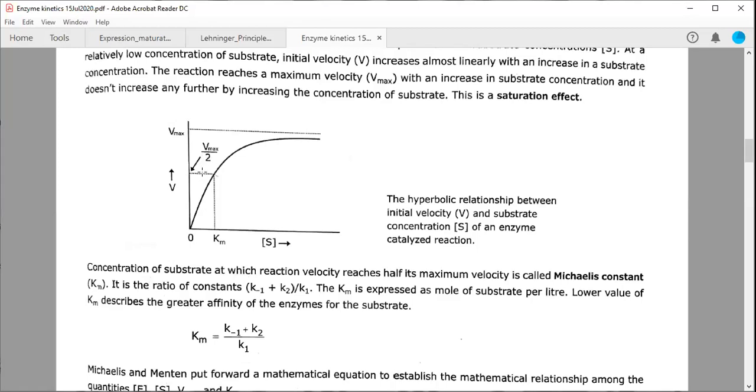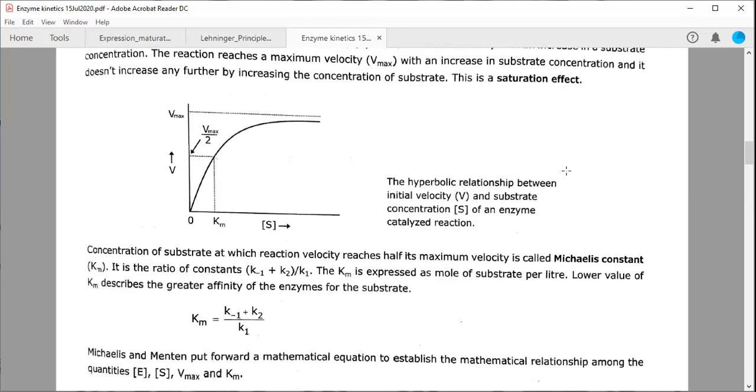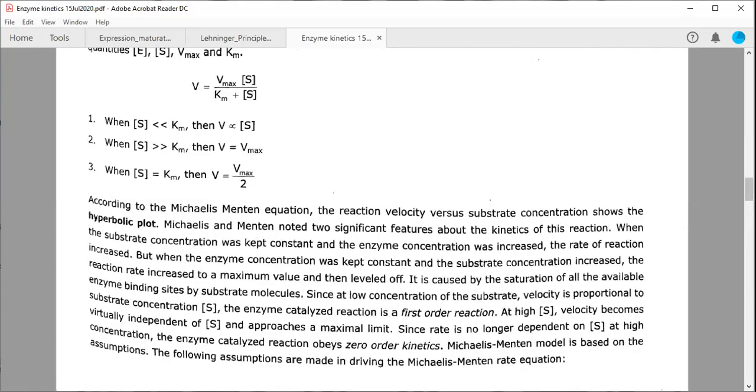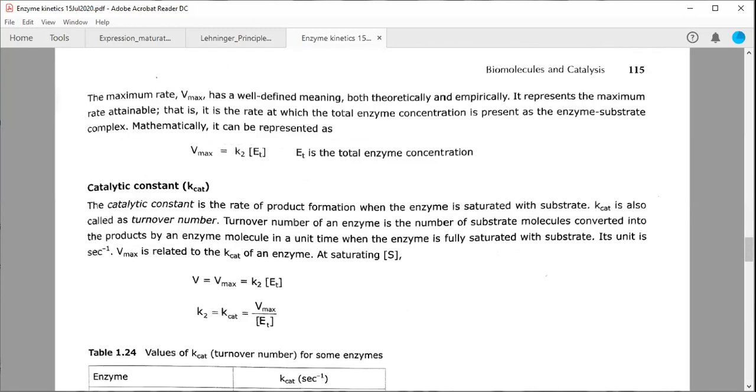If you draw a perpendicular line like this, and then a line horizontal to the y-axis, the value you get over the substrate concentration axis is called Km or the Michaelis-Menten constant. If you divide the kcat value or the turnover number by this concentration, you will get another important term called the specificity constant.